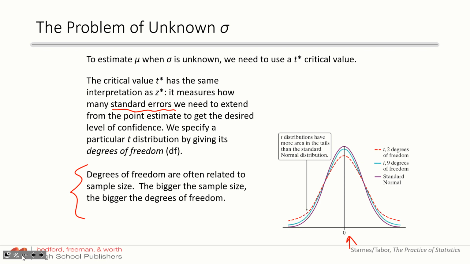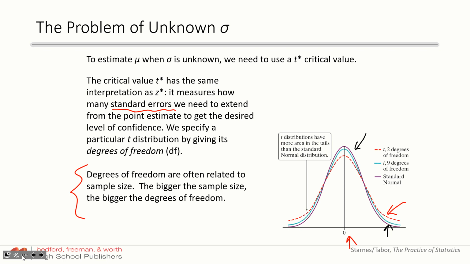Okay? So let's look at this little picture here. In the picture, the purple is the standard normal curve. You can kind of see that it's the tallest and the skinniest. It has the least amount of variability. Whereas my T distribution with 2 degrees of freedom, in other words, think of that as a sample size of 3, is the shortest with the most variability.